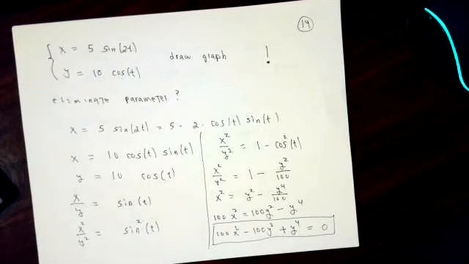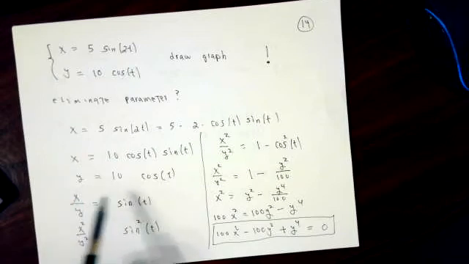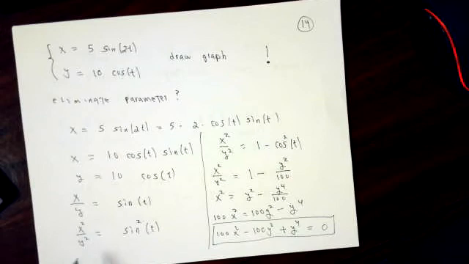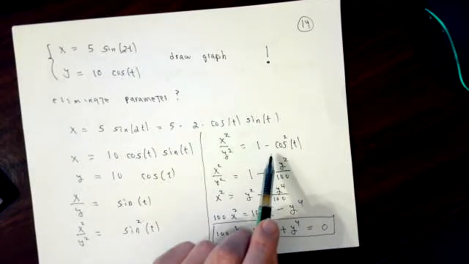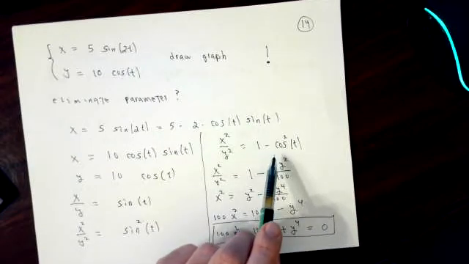It's too bad that that isn't written in terms of cosine t, because cosine of t is y divided by 10. So what we'll do is square both sides and use the fact that sine squared of t is 1 minus cosine squared of t.